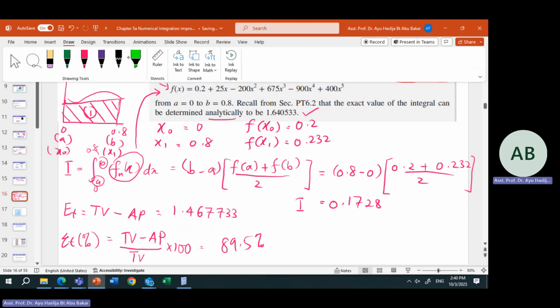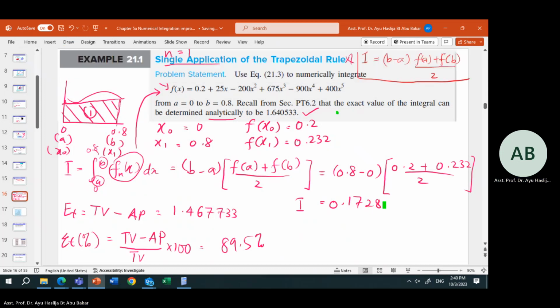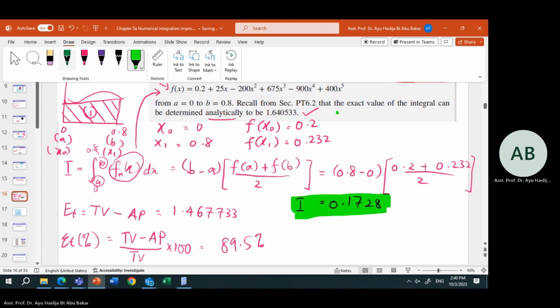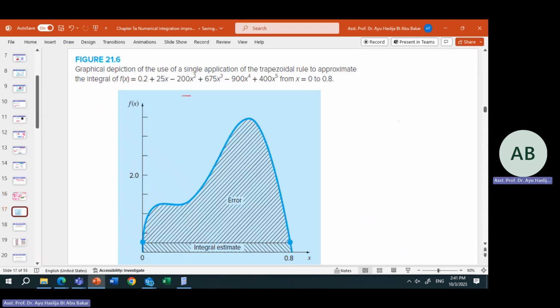Before I move to the next slide, to answer this example question, your answer is up to here, the integration value. This is the actual curve of this function from x0 to x0.8.